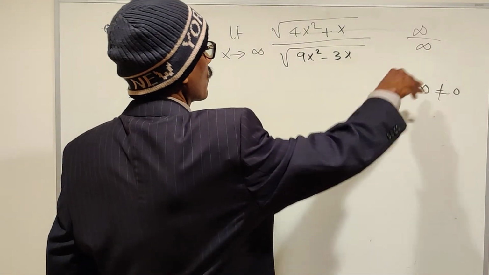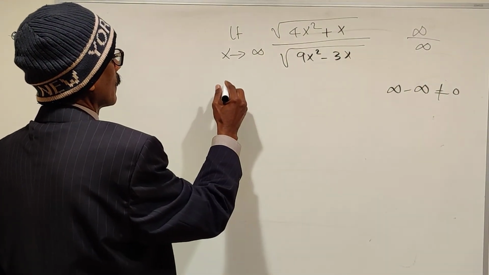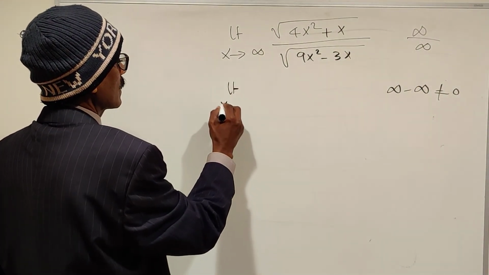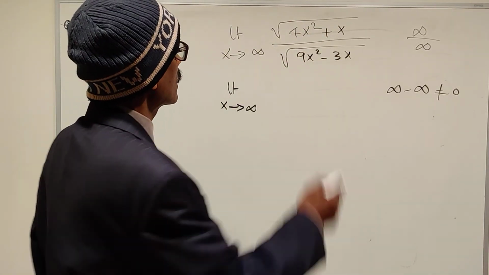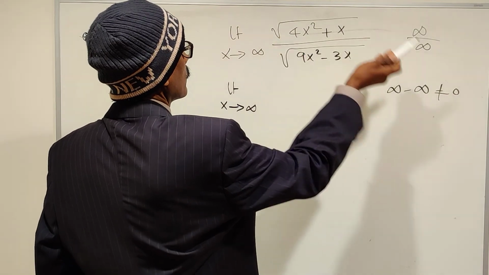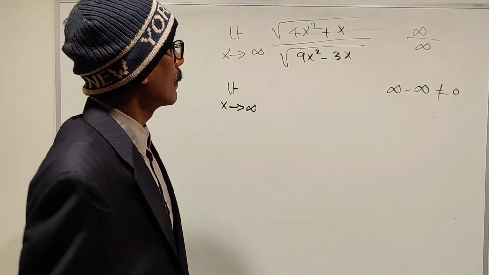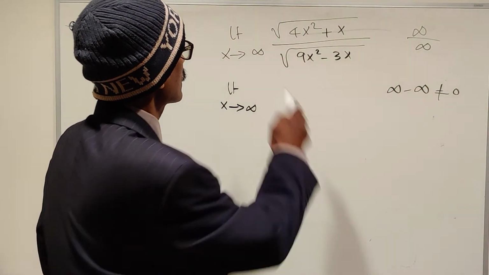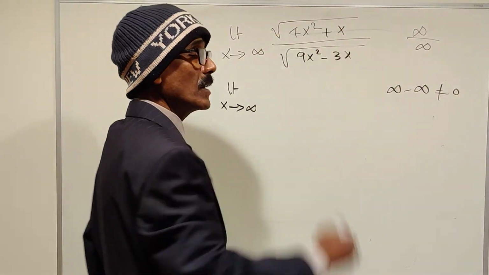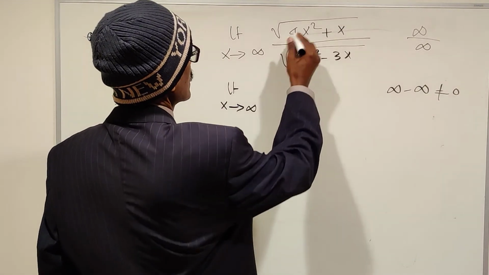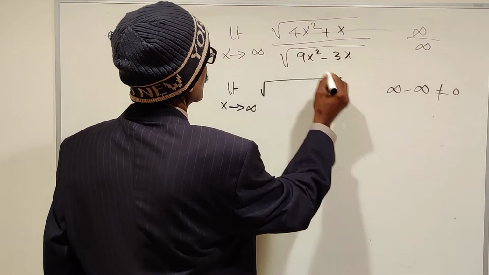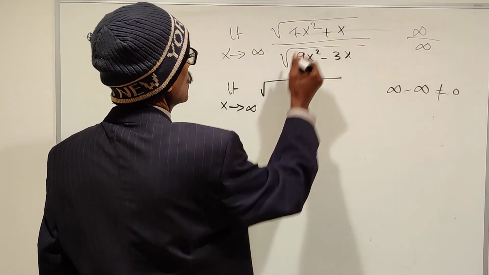So I am going to do this one. This is just for your information, okay? Let x tend to infinity. What do we need to do first? First substitute the value, then take out the highest variable. What is the highest variable? x to the power 2.